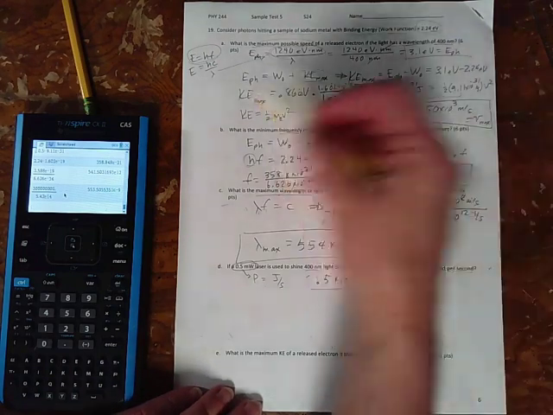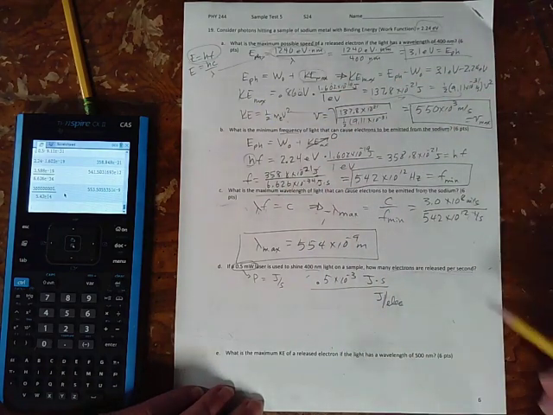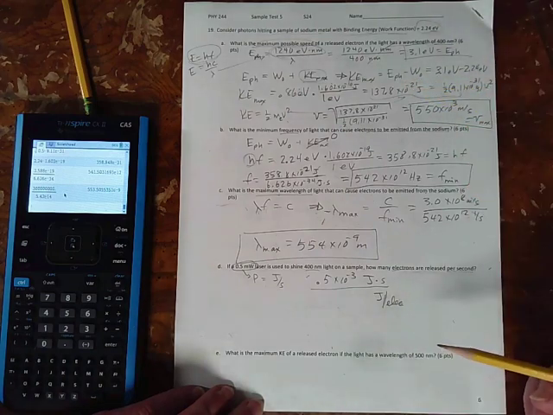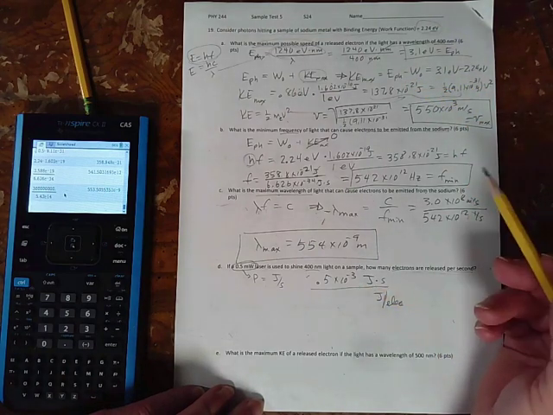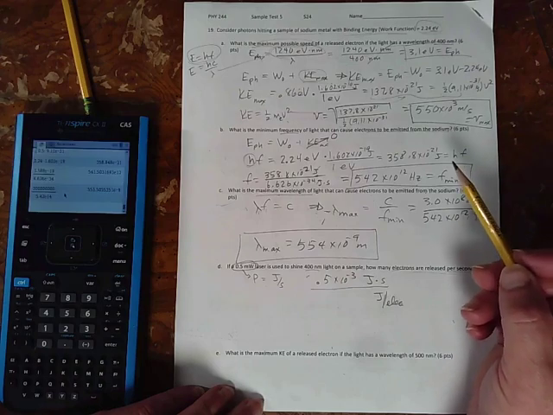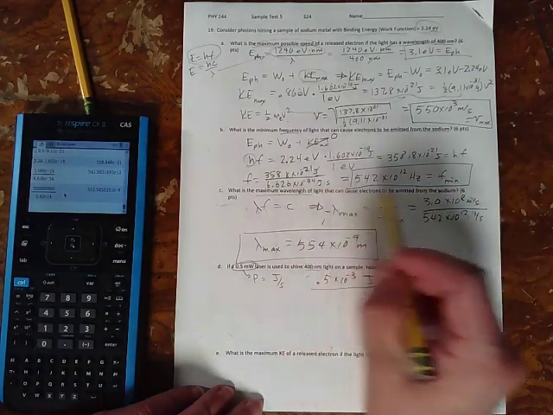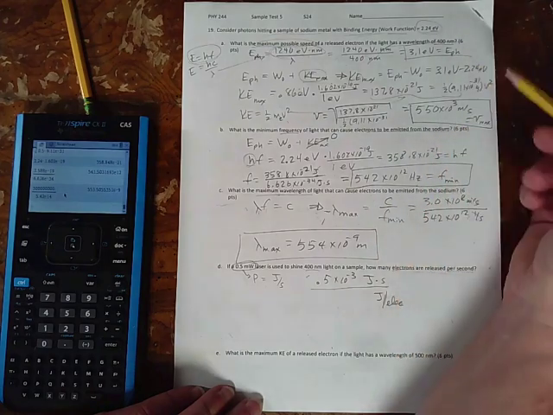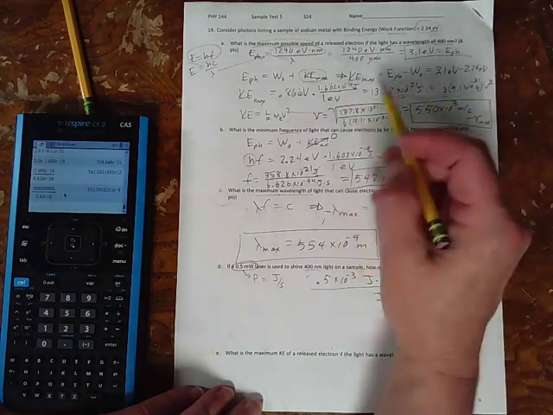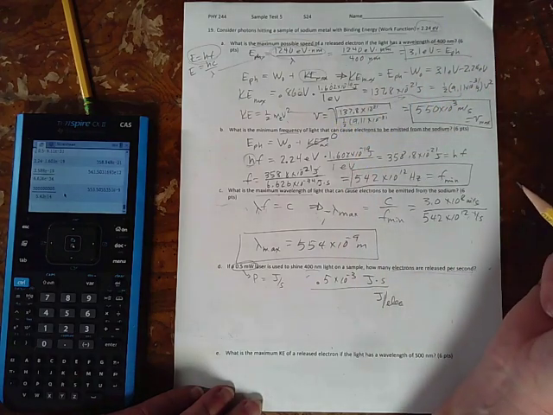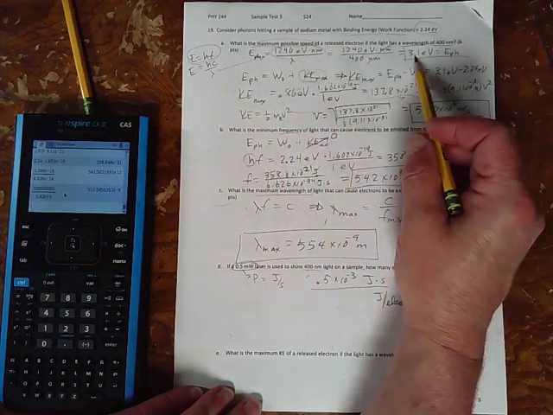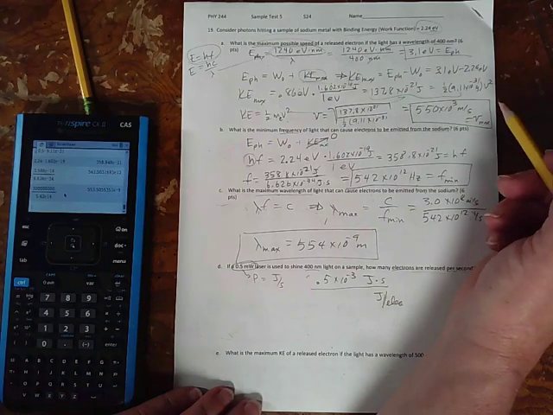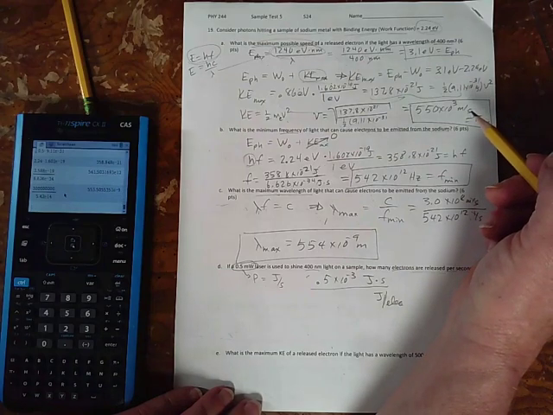So that's how much each photon has. Remember, it's a one-to-one kind of thing. One photon releases one electron. So the photon energy, we still didn't calculate that, did we? Photon energy for the 400. We have it here in electron volts, but we want it in joules.